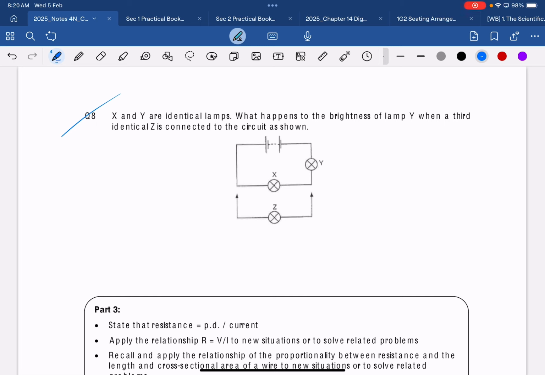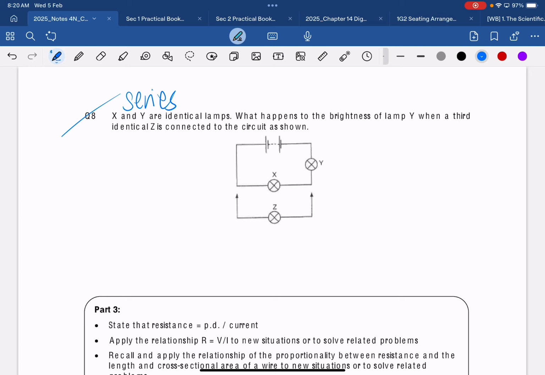Next, this last one. X and Y are identical lengths. So in the first place, X and Y are in series. What happens to the brightness of Y when a third wire Z is connected? Okay, this one you may have a bit of difficulty. Why? Because usually this kind of question needs a bit of calculation, but can you do it the common sense way?